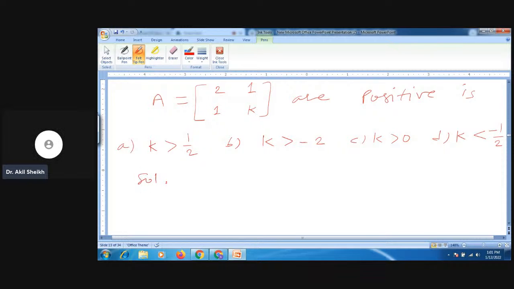Now here, we know that determinant of A is nothing but the product of eigenvalues. Means both eigenvalues may be negative or both eigenvalues are positive.